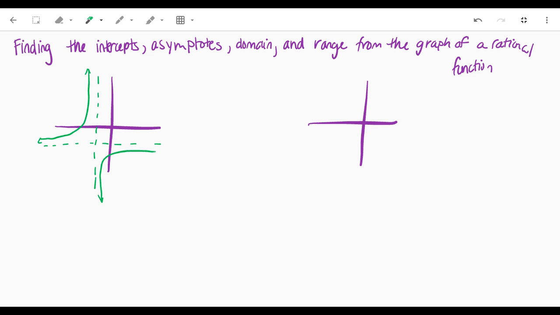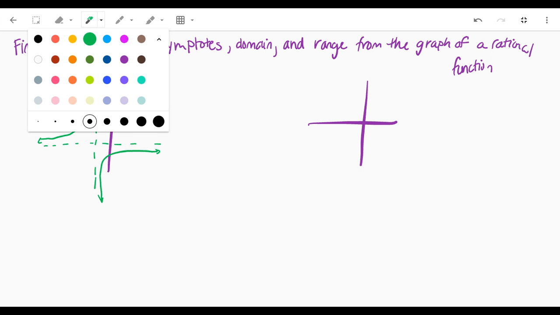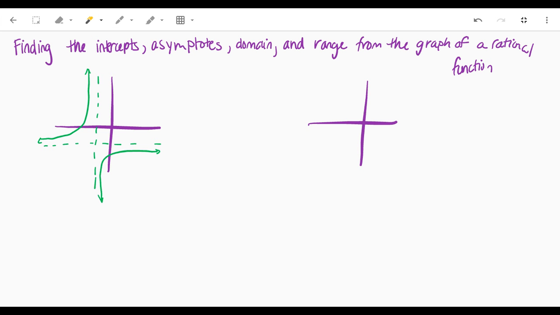That's the hyperbolas that you're used to. And another way that you might see rational functions is again with asymptotes, but they're both in the same direction, like that. Okay, so there's two types that you could find.